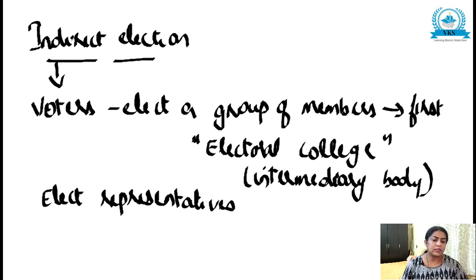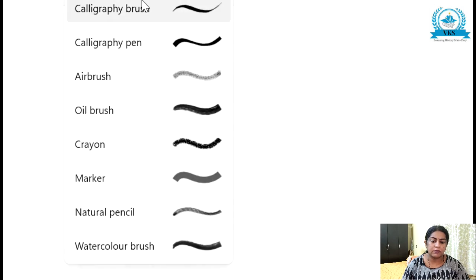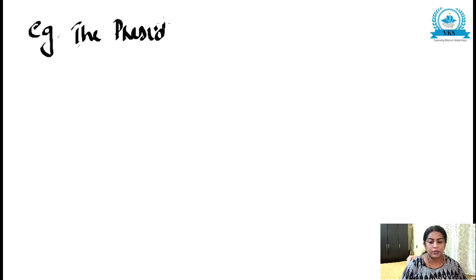So where does this kind of indirect election happen? This kind of indirect election happens when they have to elect the President of India. So an example of indirect election is the President of India, USA.